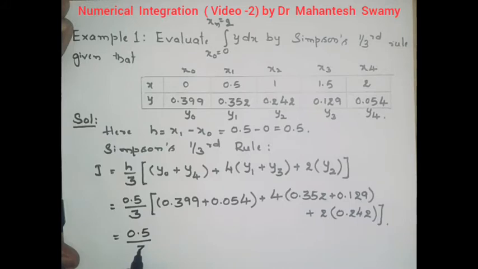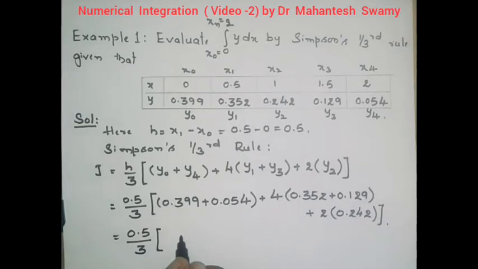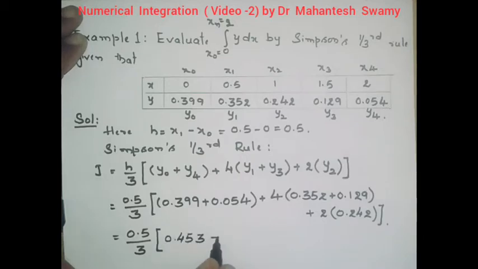Now our duty is to simplify the brackets. We can use the calculator and simplify the brackets. When we simplify, the value of the first bracket is 0.453, plus 4 into this bracket, that is going to give 1.924, plus 2 into this bracket is 0.484.